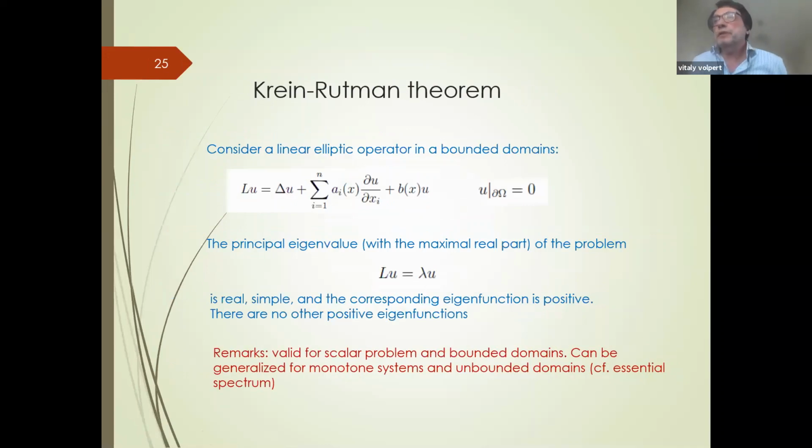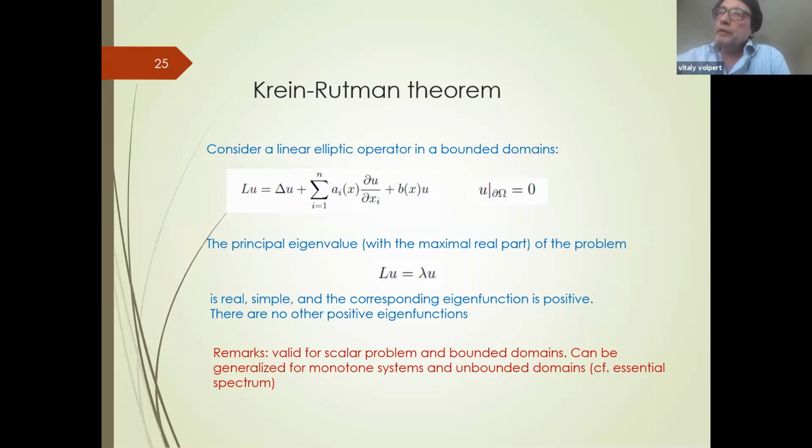Okay, and now I will present a very simple proof of wave stability. This very simple proof is based on what is called the Krein-Rutman theorem. It is a famous theorem, and in fact, it is a generalization of the Perron-Frobenius theorem for matrices.